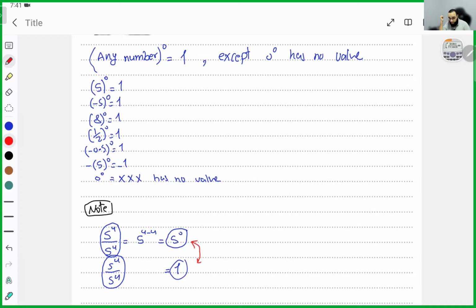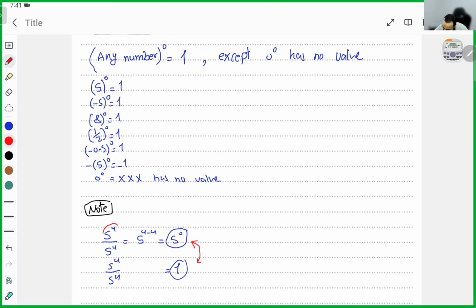It was a number over itself, which equals 1. So any number power of 0 equals 1.